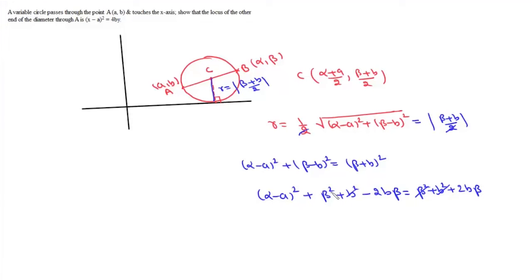Now these two will cancel. So we'll get this locus as (alpha minus a) square equals 4b beta, and in the end we'll replace alpha with x and beta with y. So this locus will be (x minus a) whole square equals 4by, which is what we need to prove in this question.